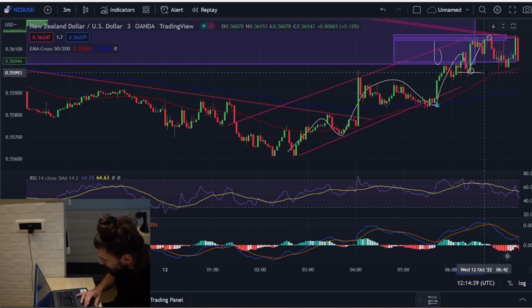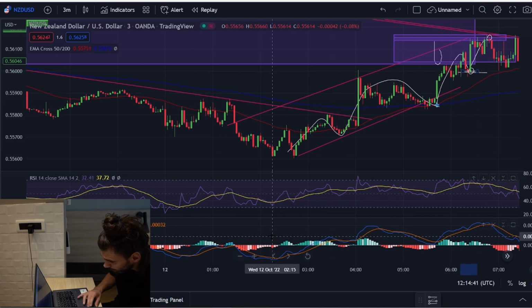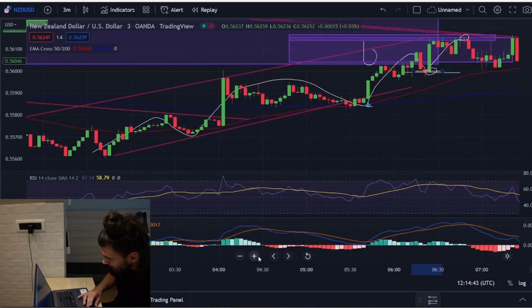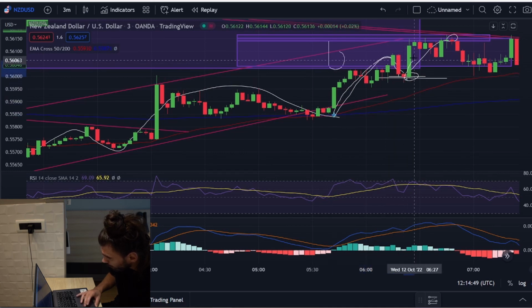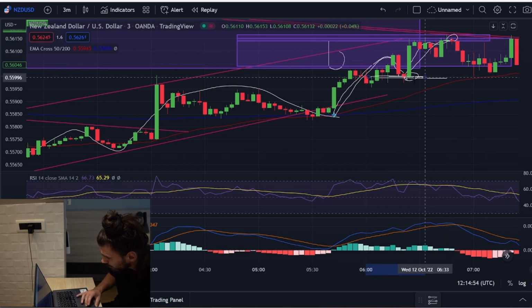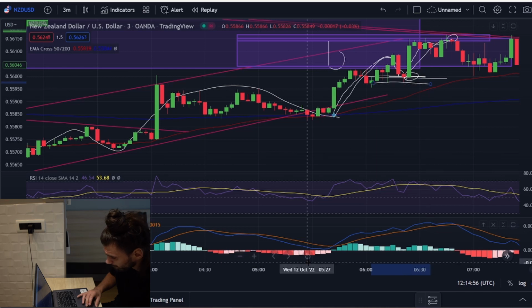So I want this area here, this structure, to be broken. If we would go down to the 1 minute chart, which we can do, we can see here this was a new high, this was a higher low, and then here the market formed a new higher high. So I want this structure to be broken.